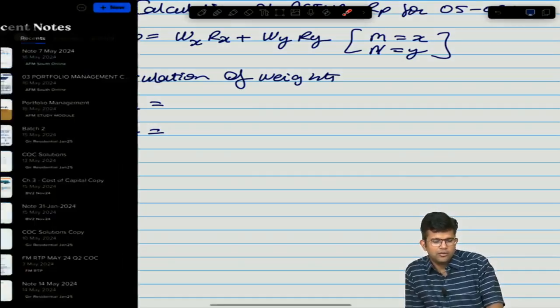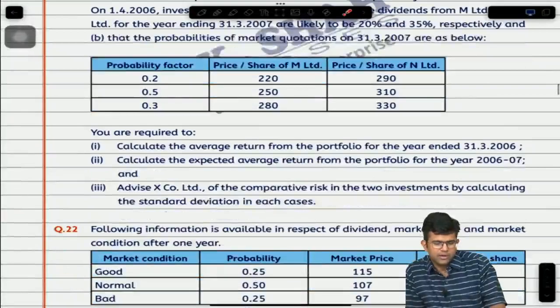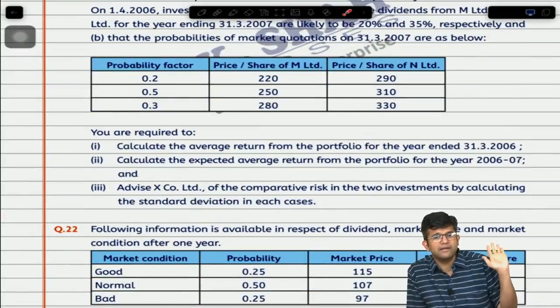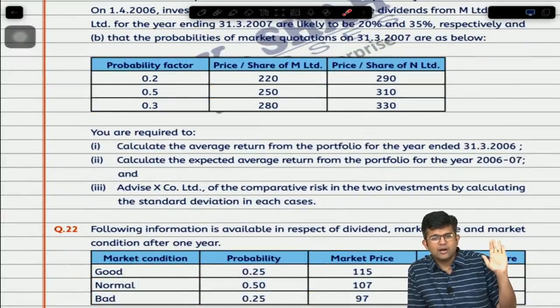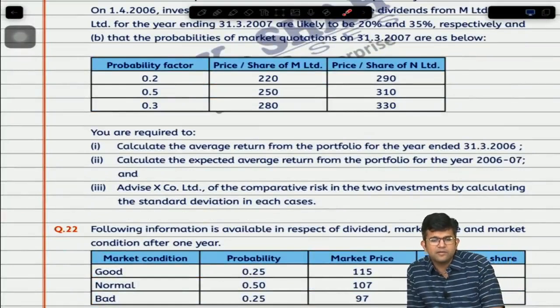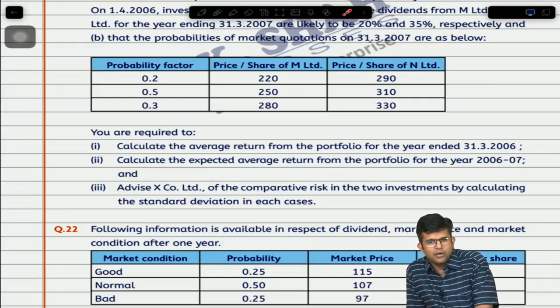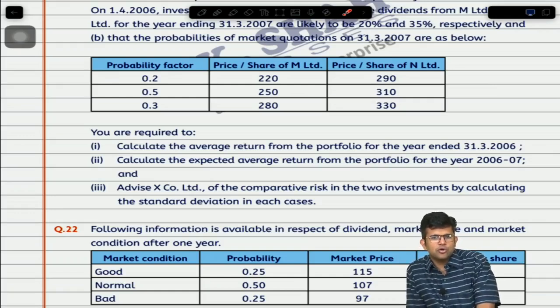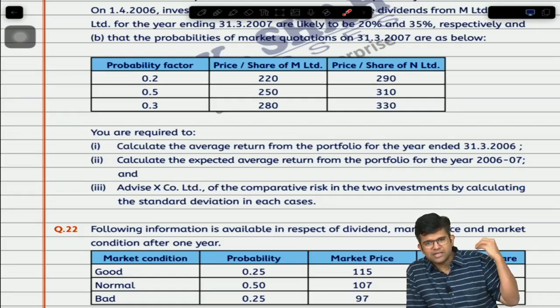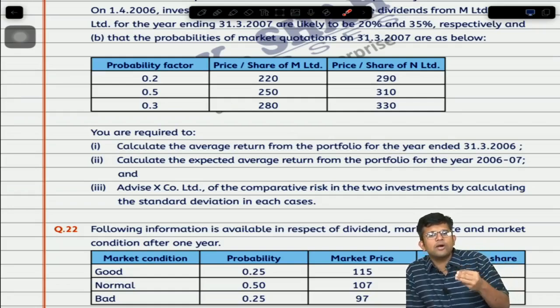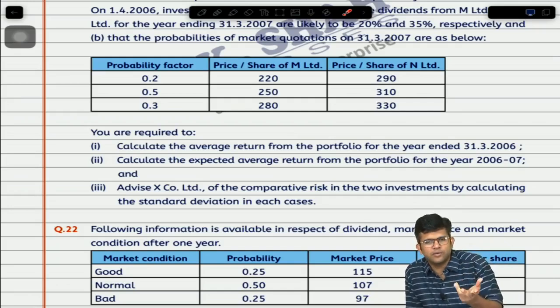They are asking you in question number 1, what is the return from the portfolio for the year ended 31/3/2006? They are not asking you your expected return from the portfolio. That they are asking in point number 2. Check please. Everyone following, no? So, RP, look at me, I am saying last year X gave me something, Y gave me something. So, they are asking you, what did your portfolio give? That is the question.